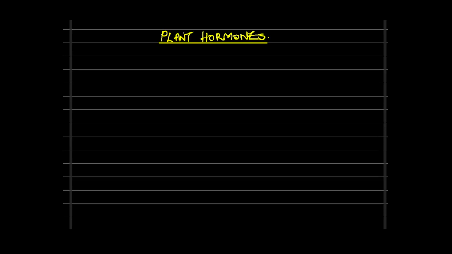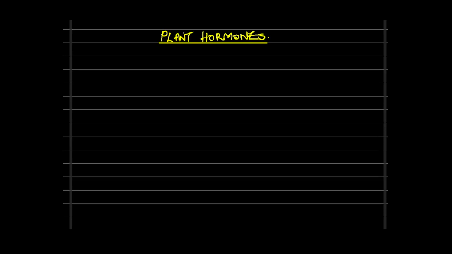Plant hormones are also chemical substances that are secreted in specific locations in the body of the plant, and their actions, or the effects of their actions, are felt in certain locations in the plant.